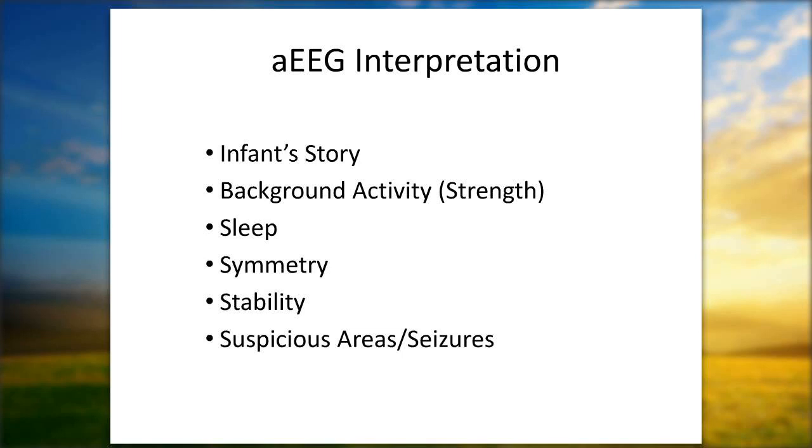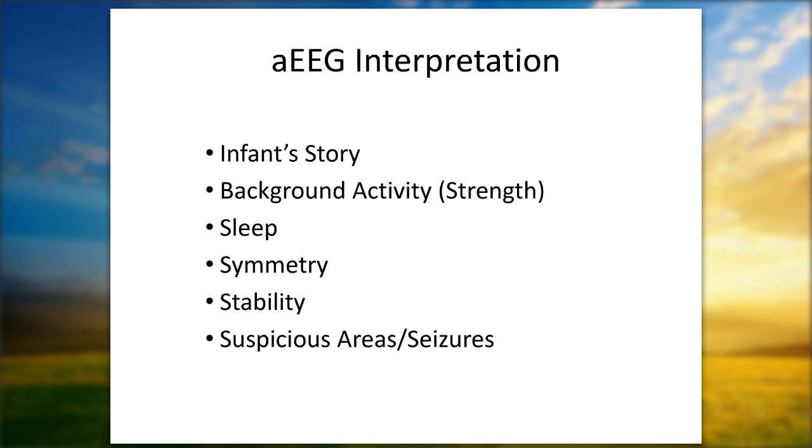We want to look at sleep-wake patterns, and symmetry between the right and the left, so looking for unilateral injuries. We want to look for stability, but more importantly for our cooling babies, we're looking for improvement and change over time, because oftentimes they start out more depressed. And then, of course, for cooling kids, we are looking at seizures, since we know that about 80% of their seizures are going to be subclinical.